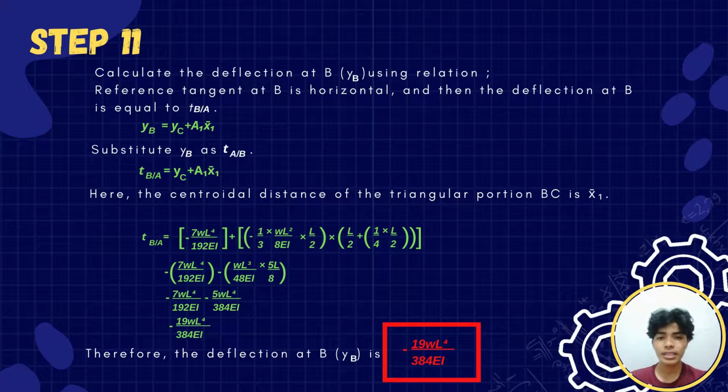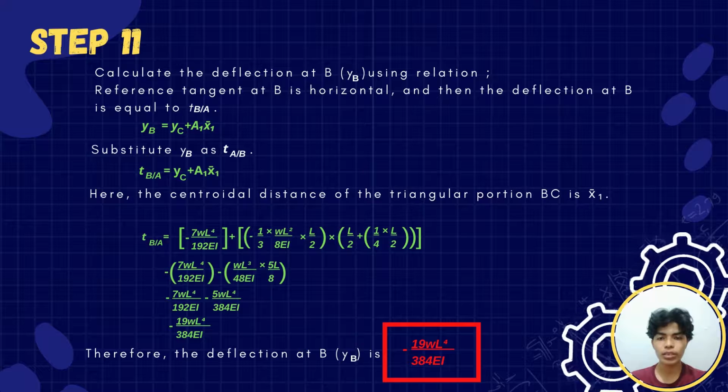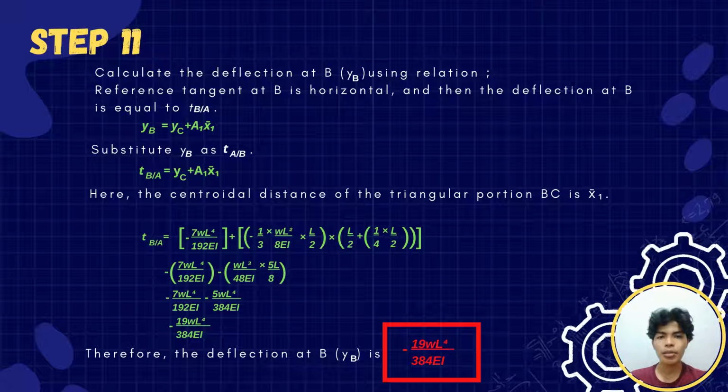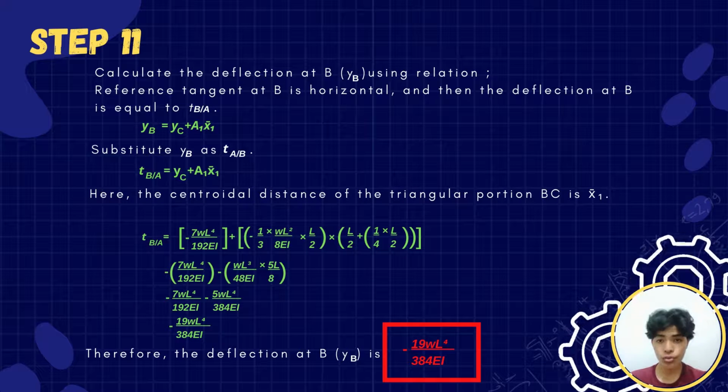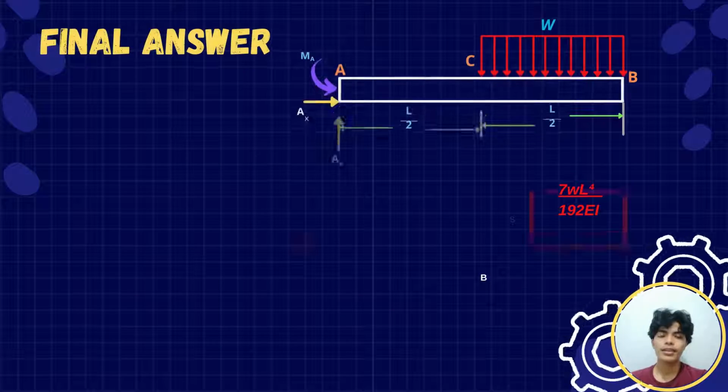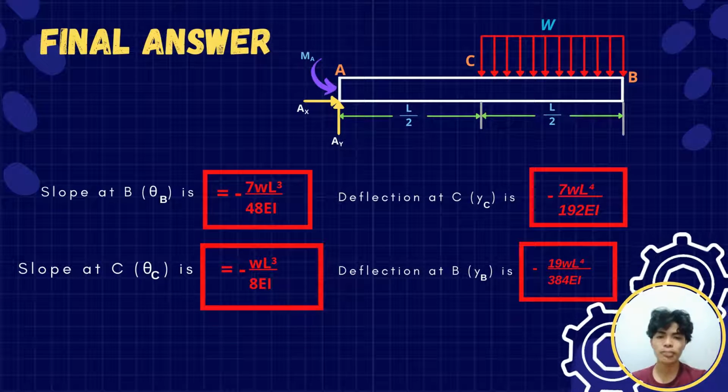In this case, the centroidal distance of the triangular portion is x1 bar. Therefore, calculating all the given values, we can now have the deflection at B equal to negative 19WL to the power of 4 over 384EI. Therefore, the slope and deflection at points C and B are shown.